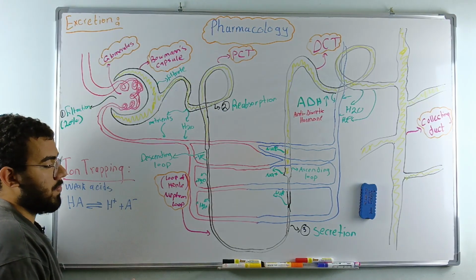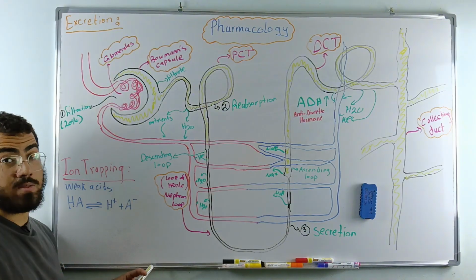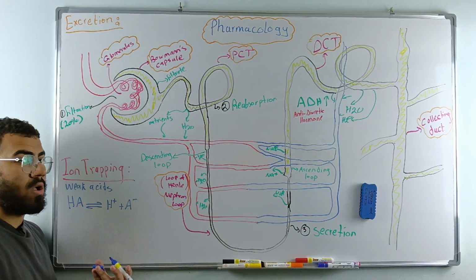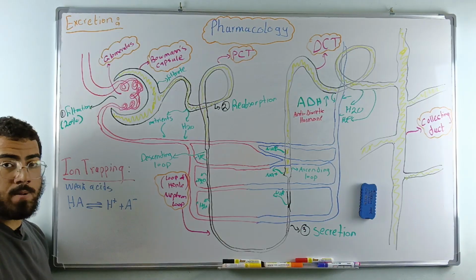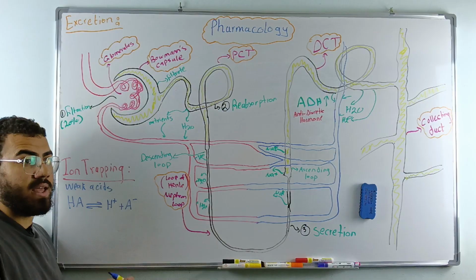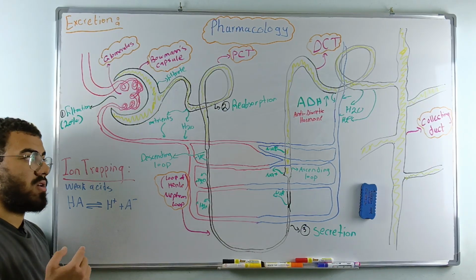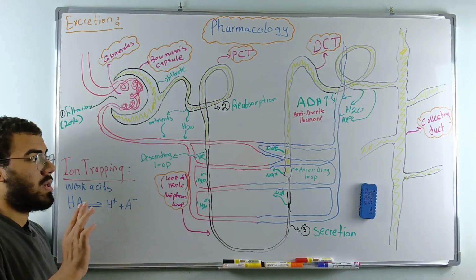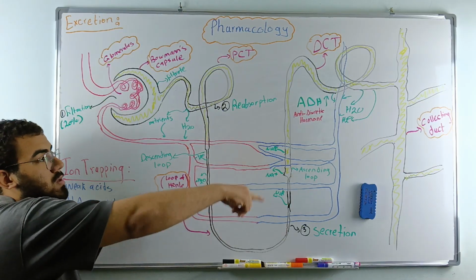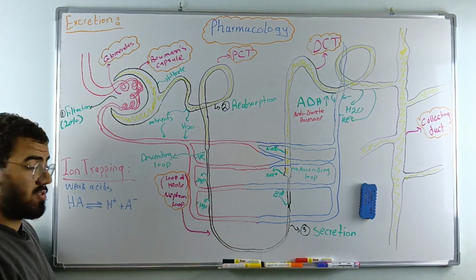You took a very high dose of aspirin, for example, and you do not want to keep reabsorbing it into your blood, because this is actually intoxicating you. So you want to get rid of it. You want to keep it more in the tubules of the nephrons. You don't want it to get reabsorbed back again into the blood vessels.